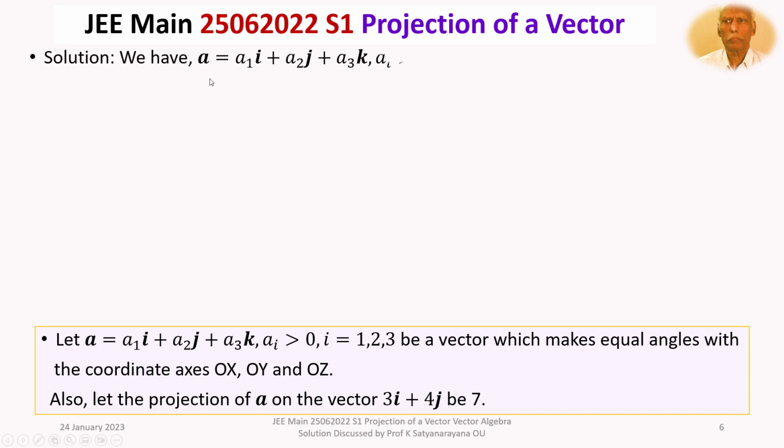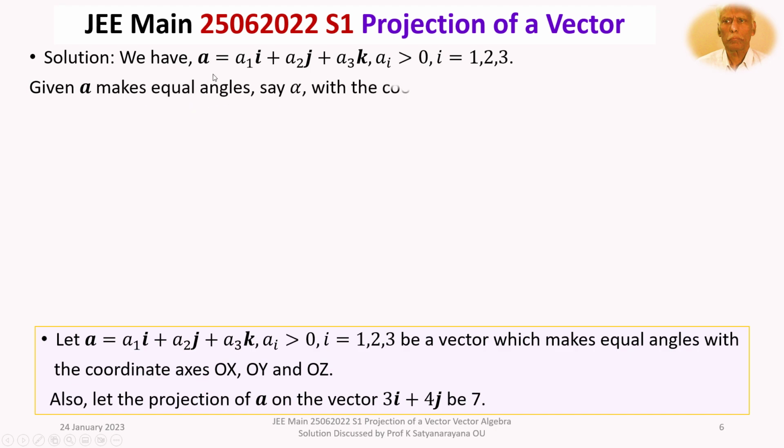We have vector A given as a1i plus a2j plus a3k, where a1, a2, a3 are all positive, and it is given this vector A makes equal angles. Let us say that angle is alpha with the coordinate axes, that is with the x-axis, y-axis and z-axis.